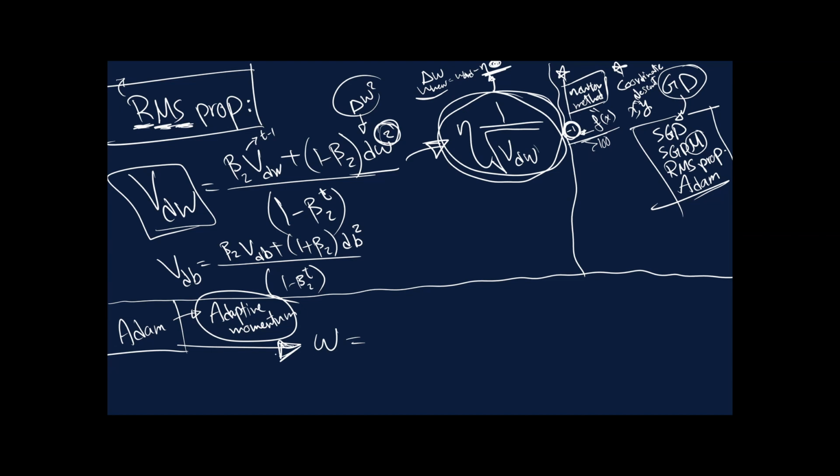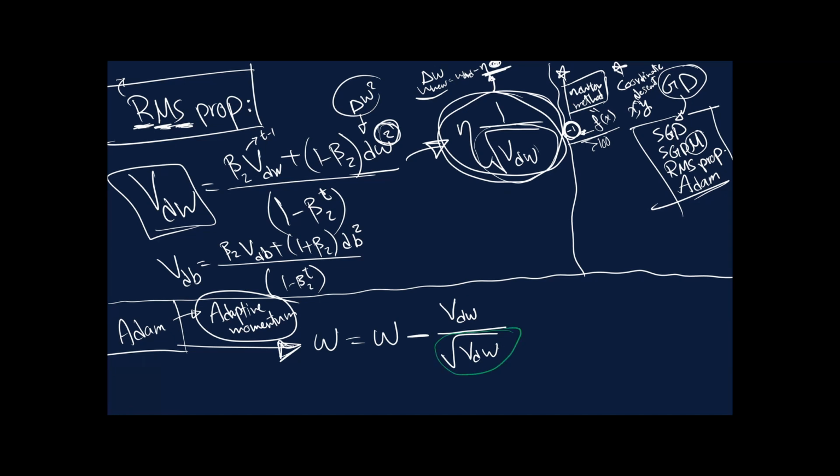So in ADAM, basically, we took the weight update to be a combination of RMSprop and momentum. So we took VdW, divided by the square root of VdW. If you see here, this part dividing by the square root of VdW is for RMSprop. So the part here is actually from RMSprop.